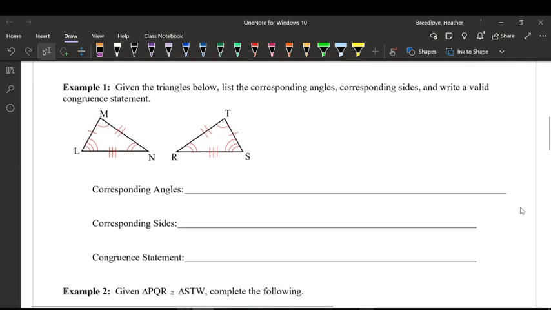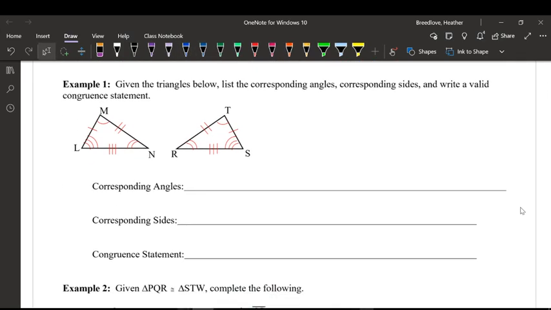All right, so here we have an example. Given the triangles below, list the corresponding angles, corresponding sides, and write a valid congruency statement. So the corresponding angles, and it doesn't matter where you start. I'll start with the one line. Angle M has one line, so there's angle M congruent with angle T, because angle T has one line.